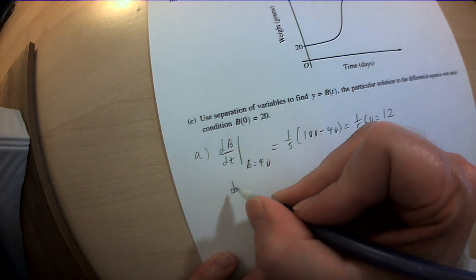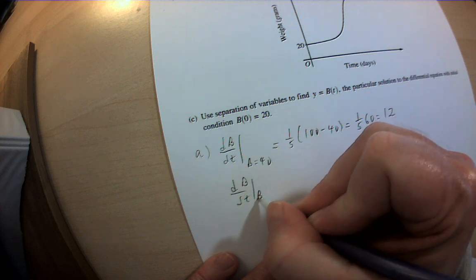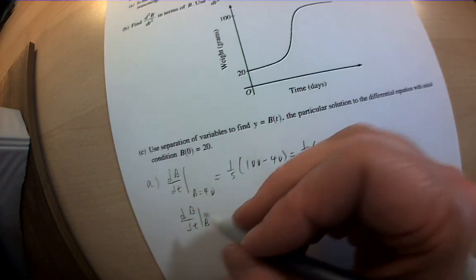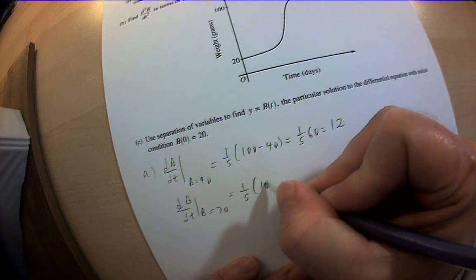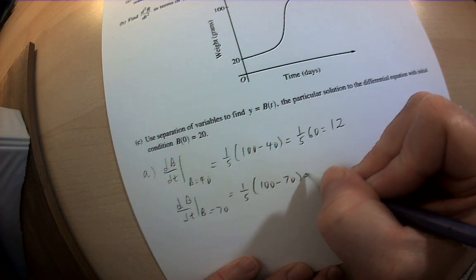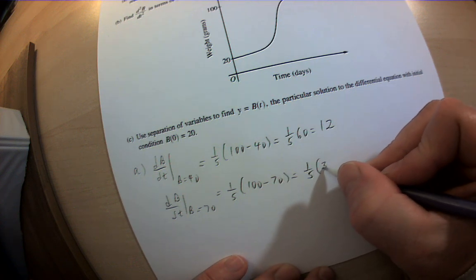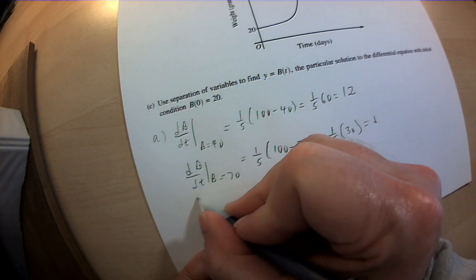And then I'm going to evaluate dB/dt when B equals 70. So that's just 1/5 times (100 minus 70). And this is in the non-calculator section, so they expected you could do all this without a calculator. So it's 6.